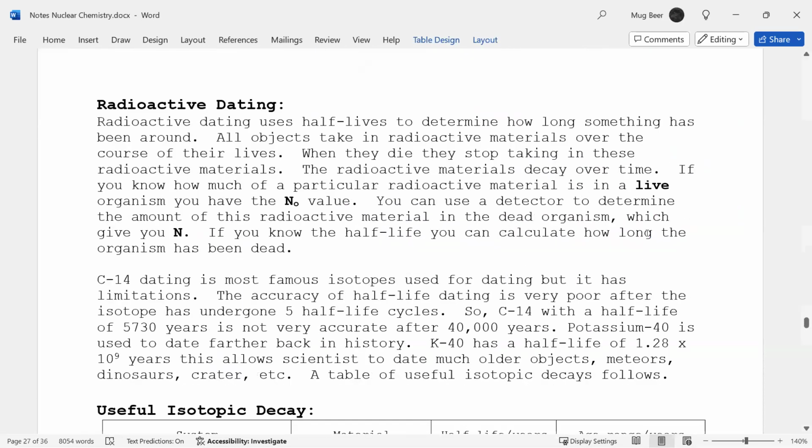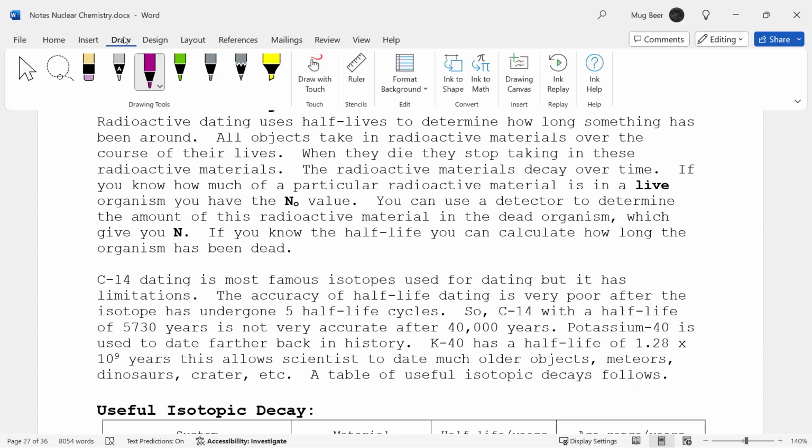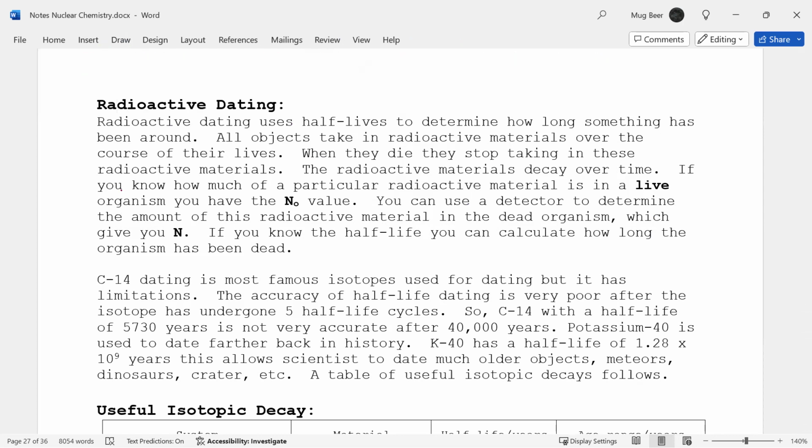Okay, so let's talk about radioactive dating. So we got this same question, right? The same calculation.